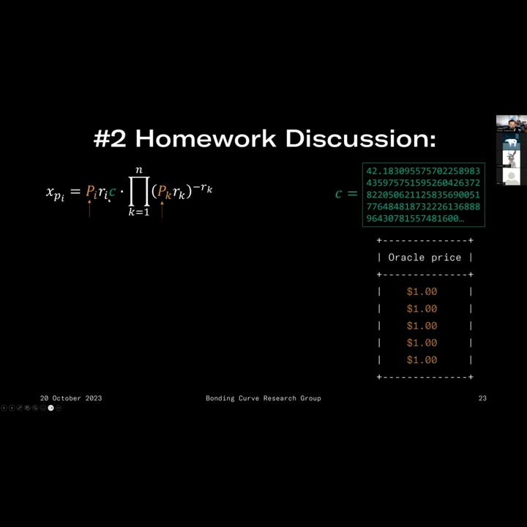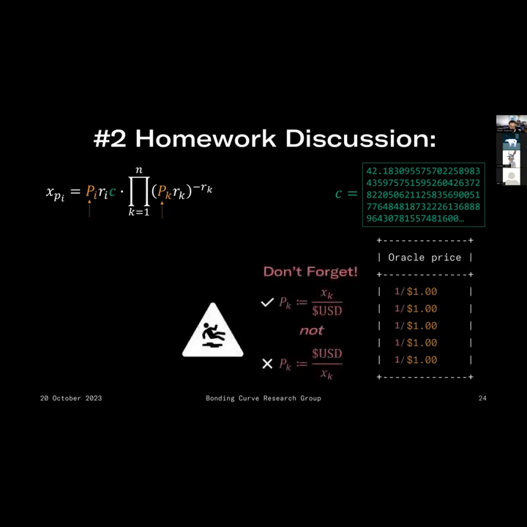PI and PK are obviously referring to the oracle prices. And I think now is a good time to revisit what the price convention is for the specific equation. Remember that the price of any token, let's say that this was ETH, we need to invert the oracle price in order to get the amount of ETH per dollar rather than dollars per ETH.